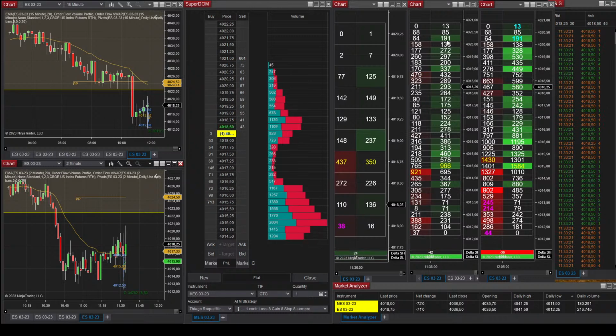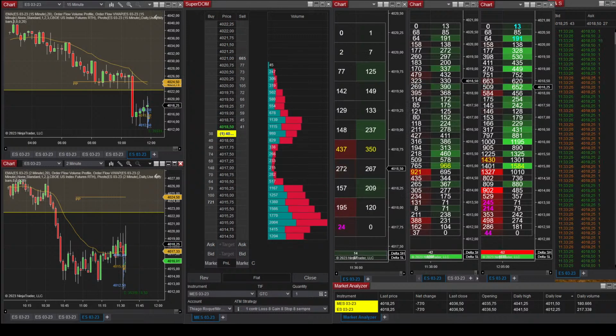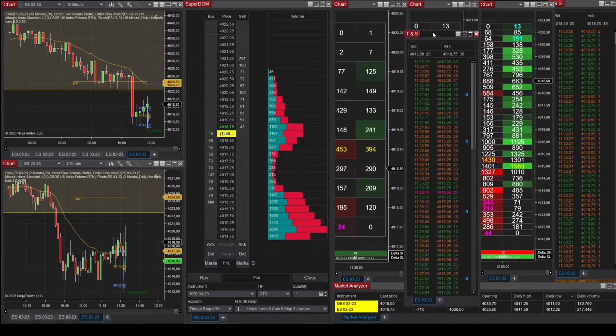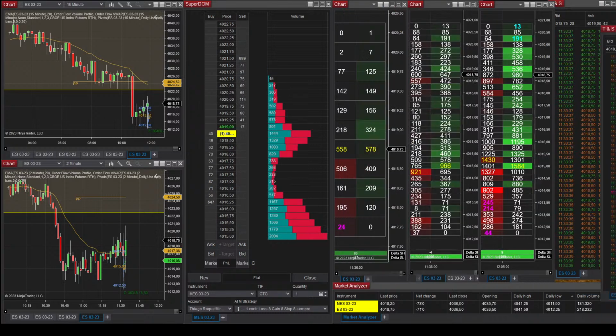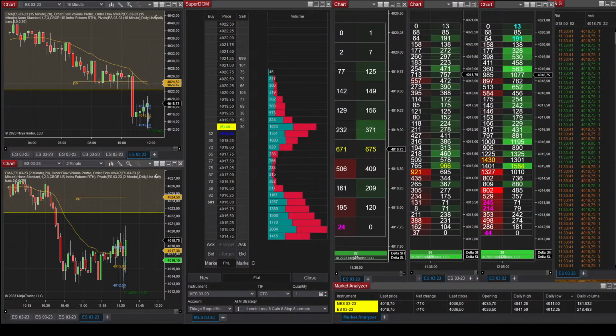Even though price reached the 20, there were no big blocks bought right there. If you see here in the times and sales, we see big blocks bought at 15, 17, 30 at 18.5, but no blocks at 20.